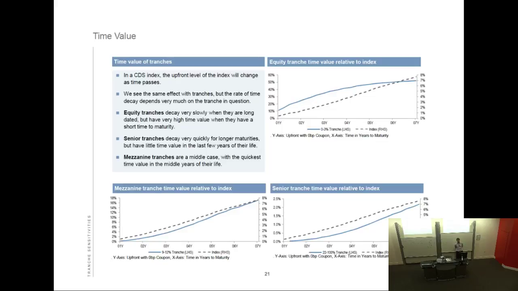But what about an equity tranche? It's not impossible that tomorrow a company like Steinhoff comes out and says, sorry, actually there's been fraud and we have to file for bankruptcy. Jump is still worth something. And so that's why equity tranches roll very slowly.